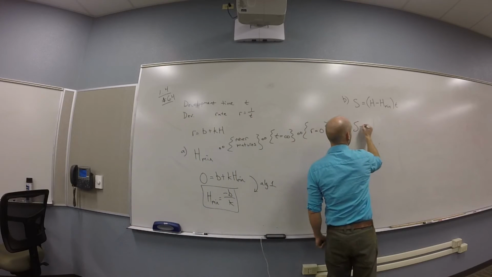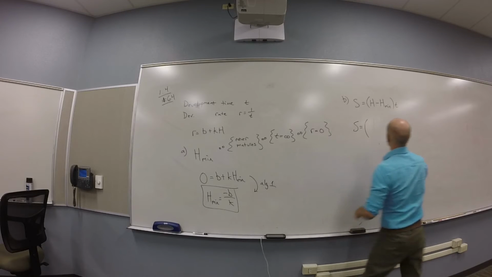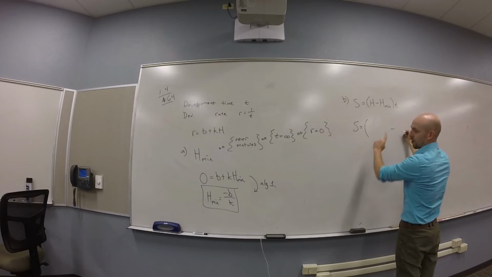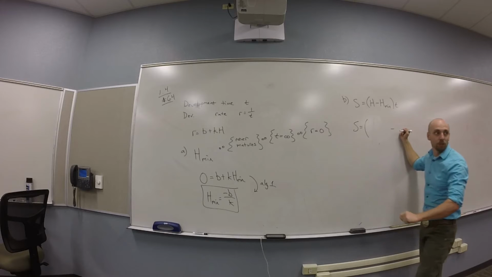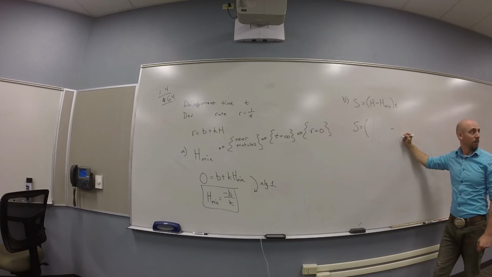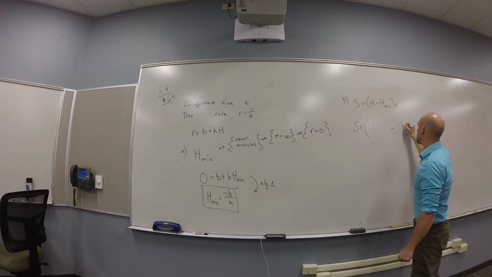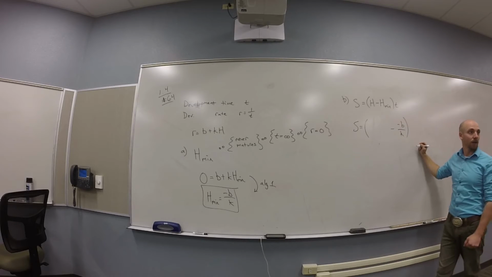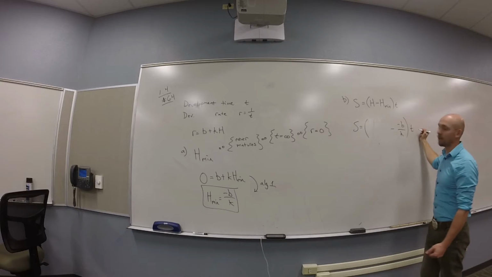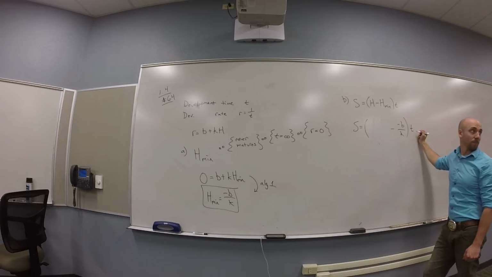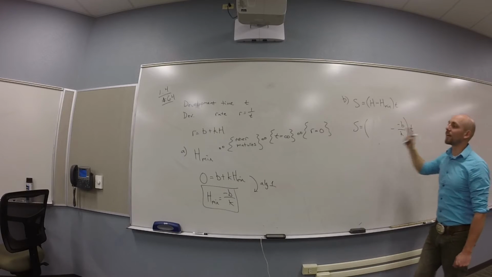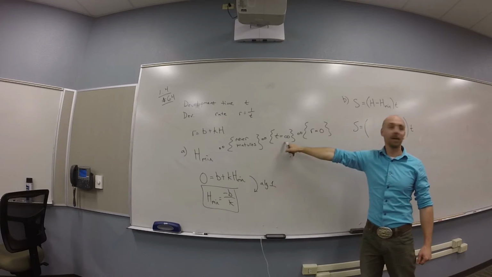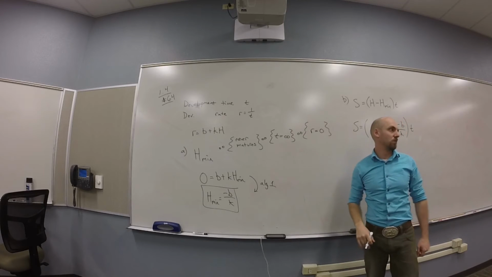So first things first, I know that S is h minus h min, and h min is negative b over k. So I'm going to subtract negative b over k here, and then multiply by t. Right now I'm just talking about something else.